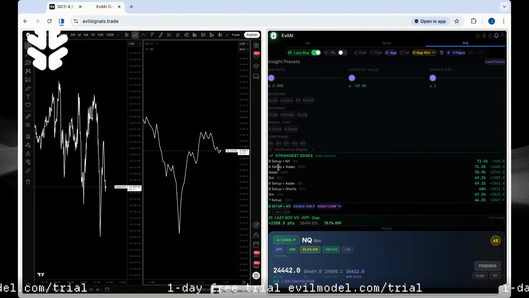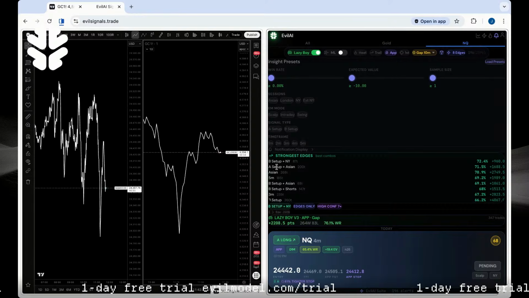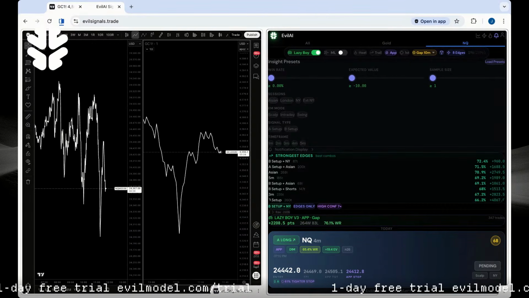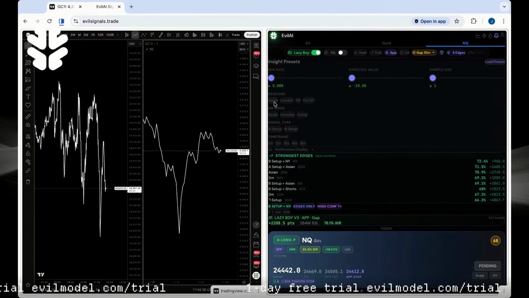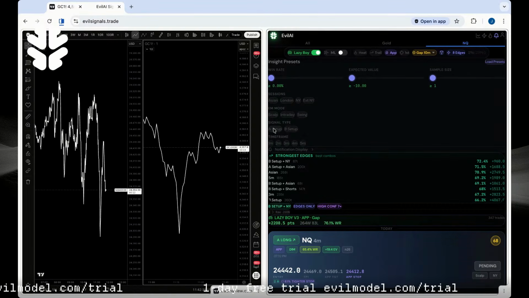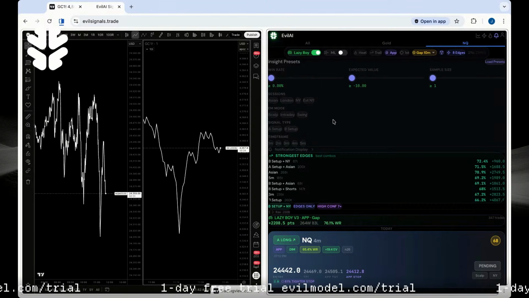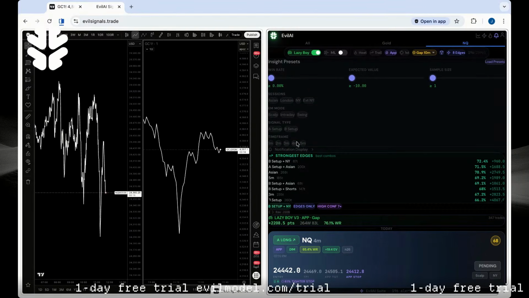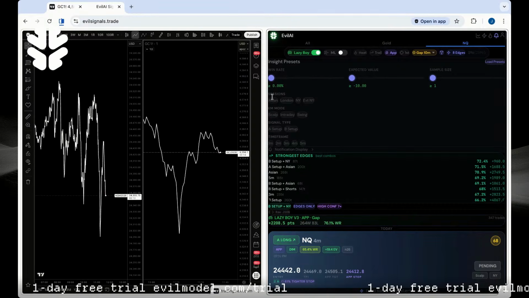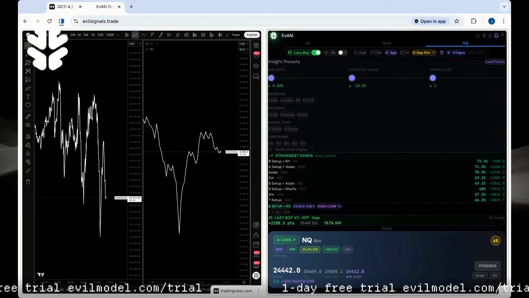And maybe you only want to see Asia A setups. So you click Asia, A setup, and it will only show you Asia A setups. It will still show you across 1, 2, 3, 4, and 5 minute. That's pretty much how I'd set up my filters.